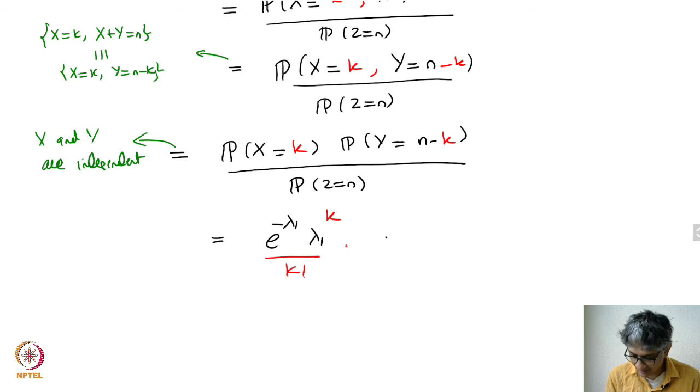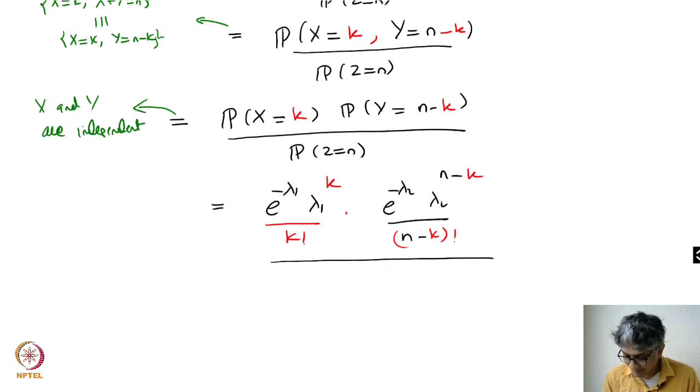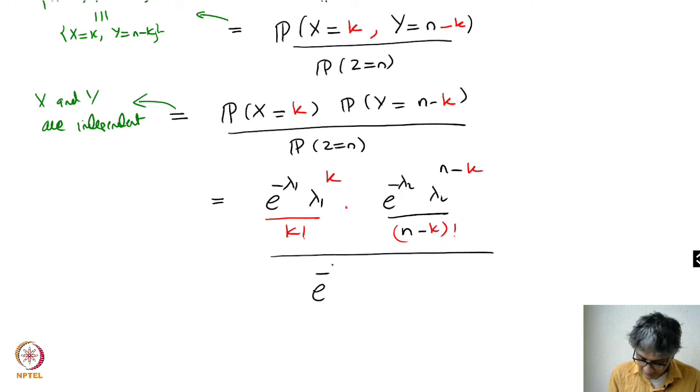The next term is e to the minus lambda 2, lambda 2 to the power n minus k, the whole thing divided by n minus k factorial. And then the whole thing divided by the probability Z equal to n, which is Poisson lambda 1 plus lambda 2. So e to the minus (lambda 1 plus lambda 2), (lambda 1 plus lambda 2) to the power n by n factorial.